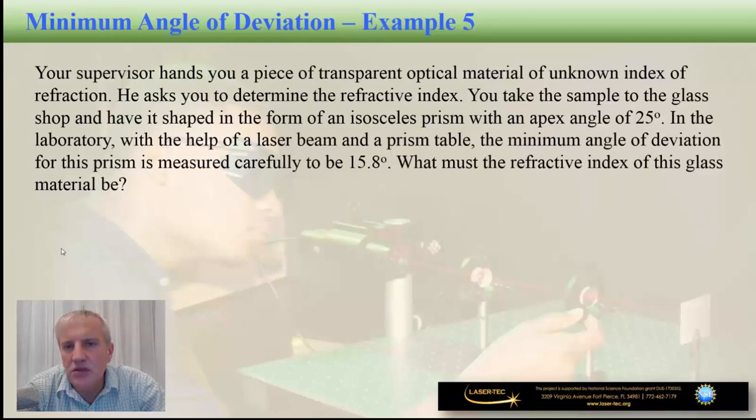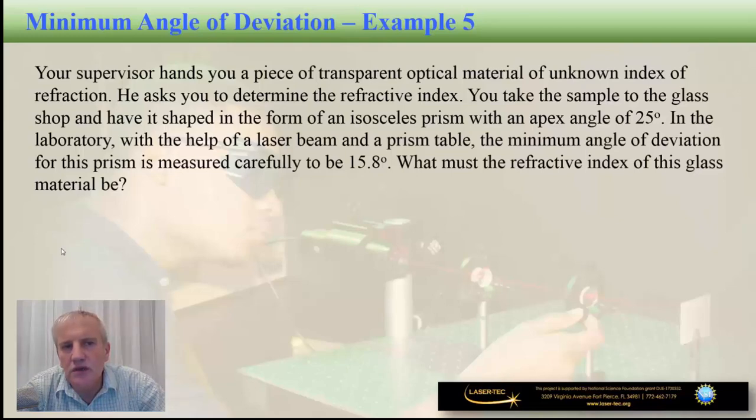It's a medium, maybe something like a glass or plastic. And the question is, how are you going to figure out the index of refraction? You are not given any data sheet and do not know any information about that medium. So what you can do is take that sample to the glass shop in the company.